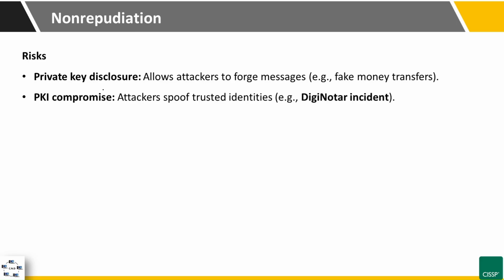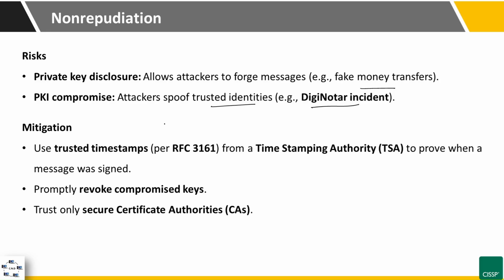The risks with non-repudiation are private key disclosure, which allows attackers to forge messages and fake money transfers, and PKI compromise, where attackers spoof trusted identities. For example, the incident of DigiNotar, which was a CA whose certificates were compromised, and then attackers used them to spoof identity.